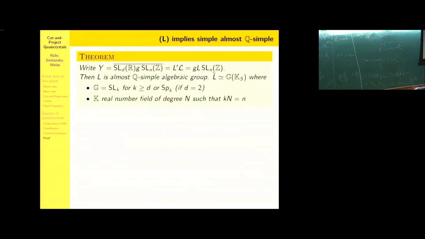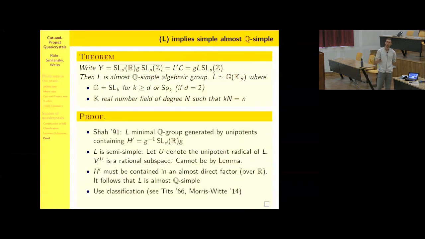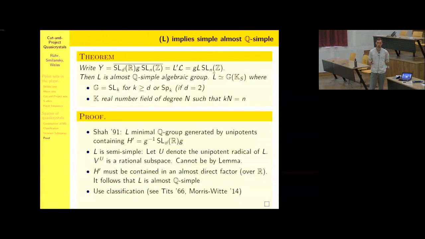And from this you can deduce that L is simple. So I'll again switch from L prime to L to have some Q group. The proof goes: we know that L has to be the minimal Q group generated by unipotents, which contains this conjugate of SLDR.